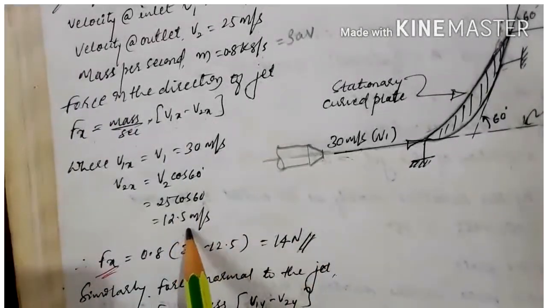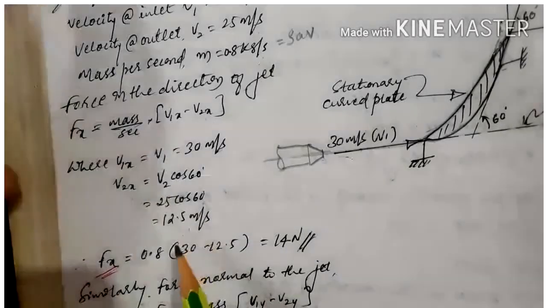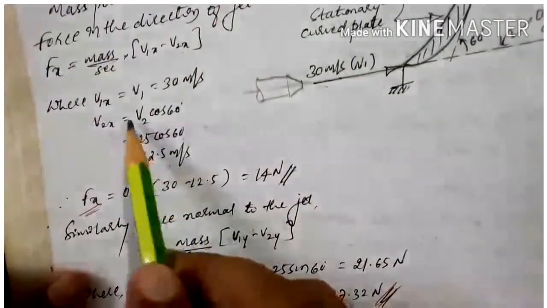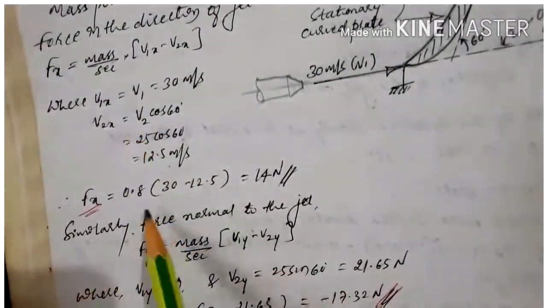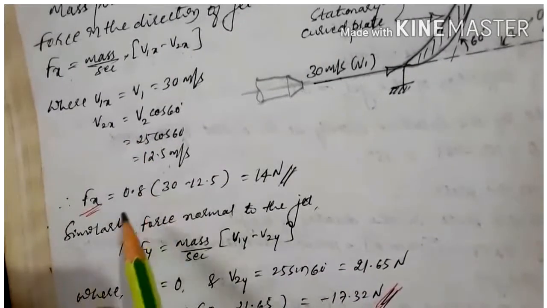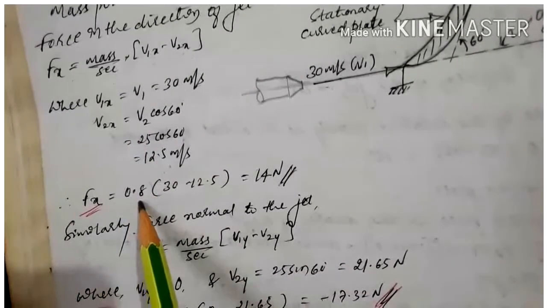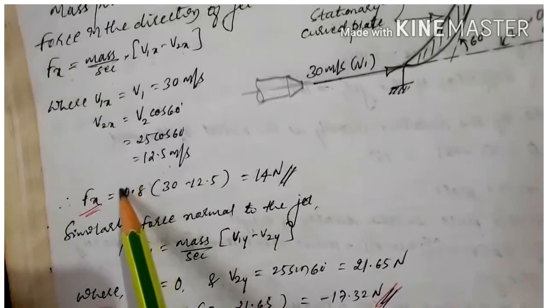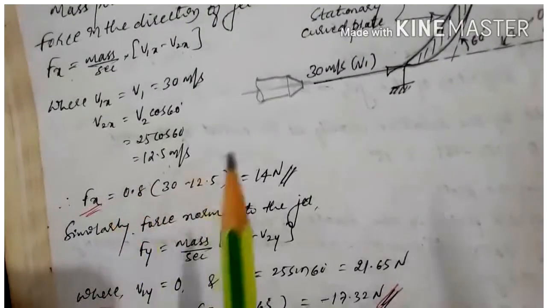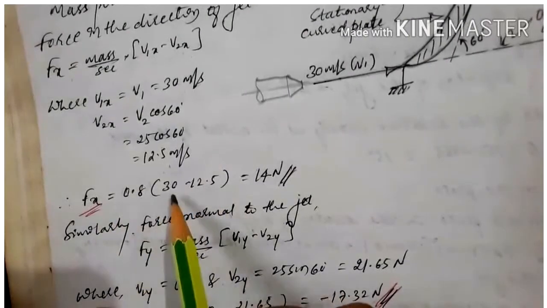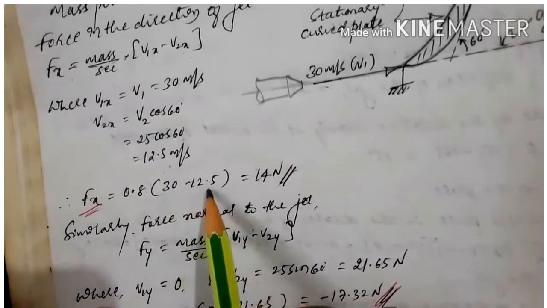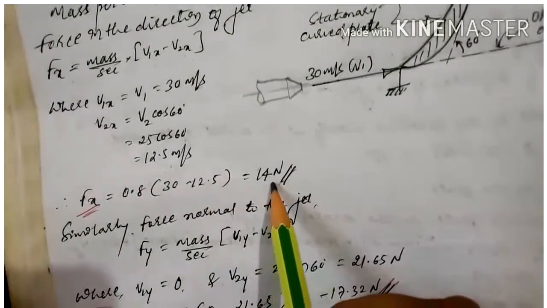So we get 12.5 meter per second. Then substitute in the above equation; the mass per second is directly given as 0.8 kg per second. Substituting initial velocity minus final velocity, we get 14 Newton.